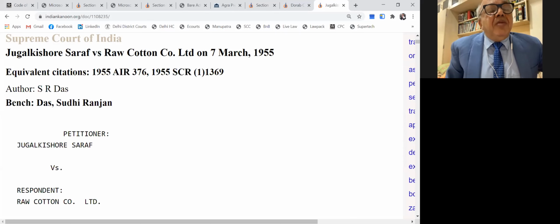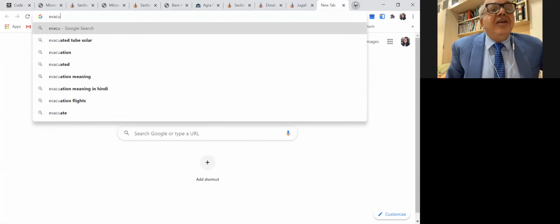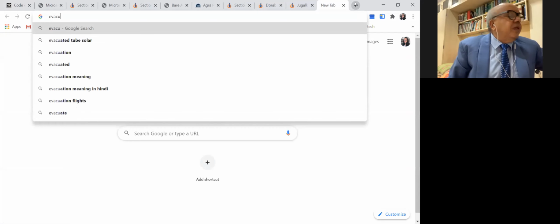Ultimately after partition, these Habib brothers migrated to Pakistan. When you migrate to Pakistan, the property left behind by such a person comes under the Evacuee Property Act. Have you heard of this? Mansi, I'm sure you must have heard of it. Evacuee Property Act.